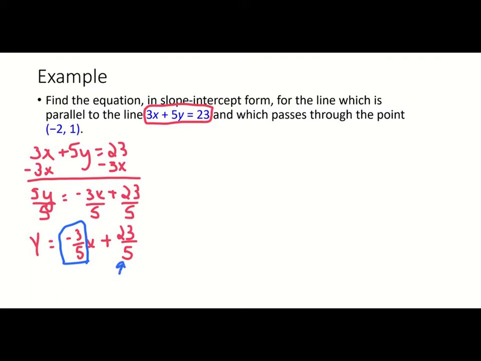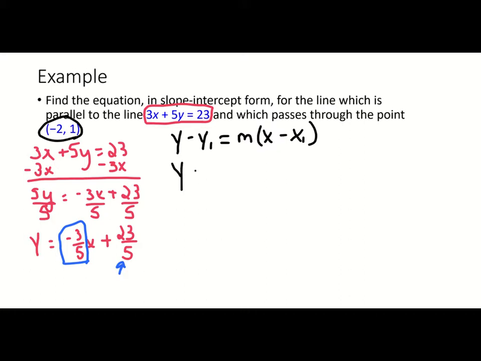Now, we have the slope, and we have the point (-2, 1). So we're going to use our point-slope formula, y minus y1 equals m times x minus x1, and plug in the information that we know. We know that our y value is 1.